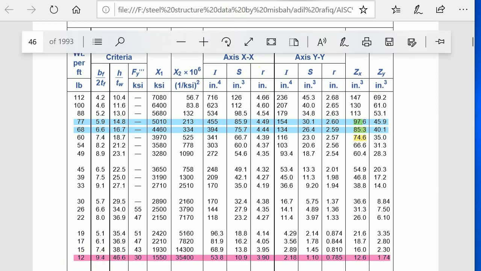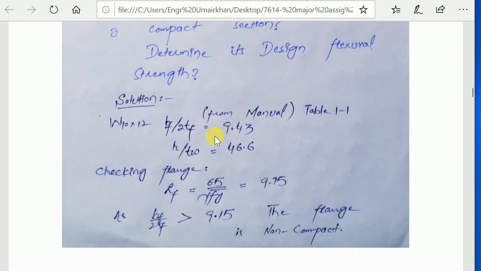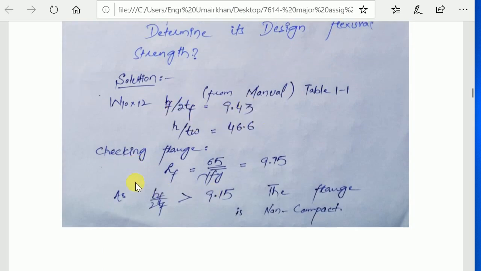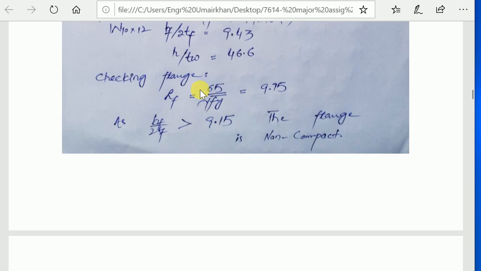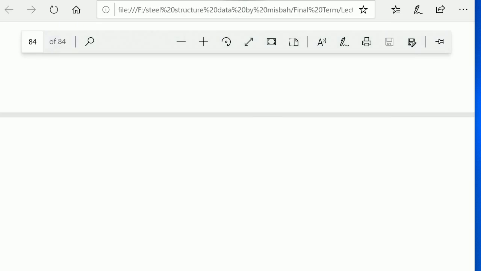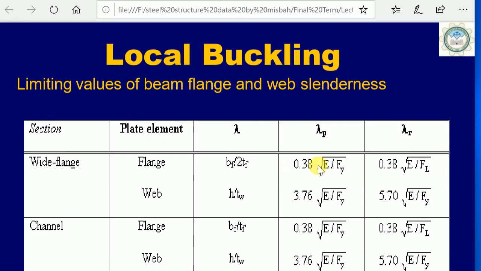Now checking the flange, this is lambda pf, or lambda p, and this is lambda f and this is lambda w. Now 65 divided by the square root of Fy, one can use that formula as well, or 0.38 square root of E divided by Fy, with E as 29,000 ksi, or you can say 29×10^6 psi.